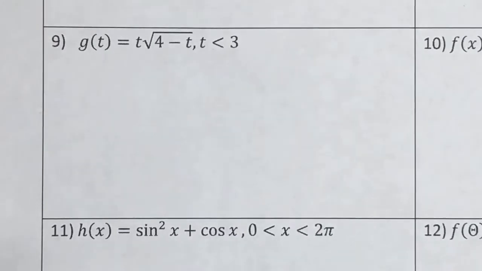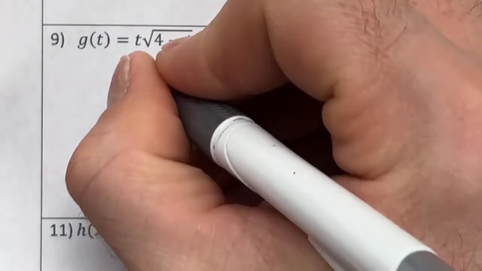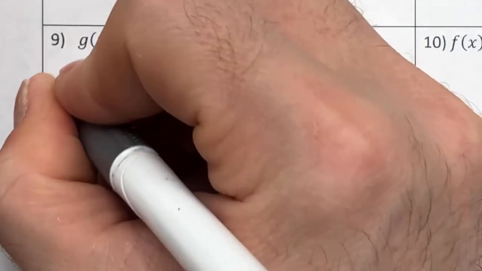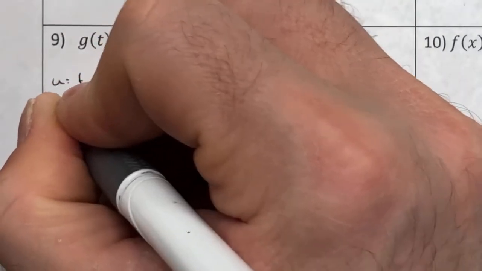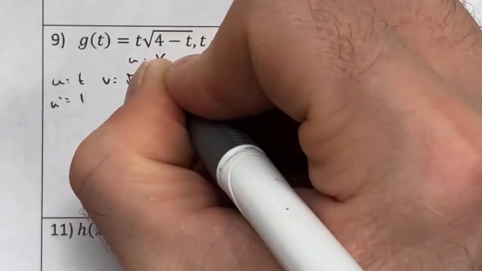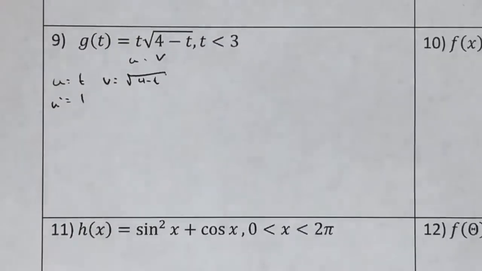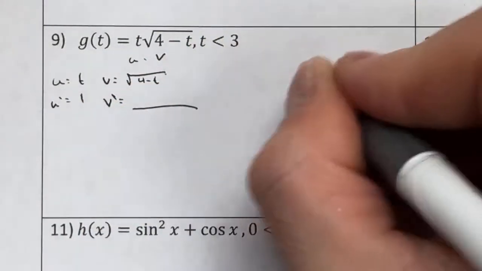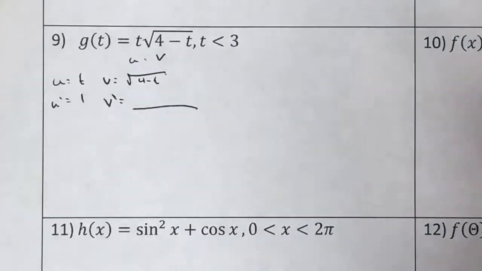A little more challenging. This one, we have a u times v function, which means I'm going to have to set u equal to t, so u prime is 1. V is equal to the square root of 4 minus t, which means for v prime, we're going to have to do a subroutine. This would be easy if this was the square root of u.